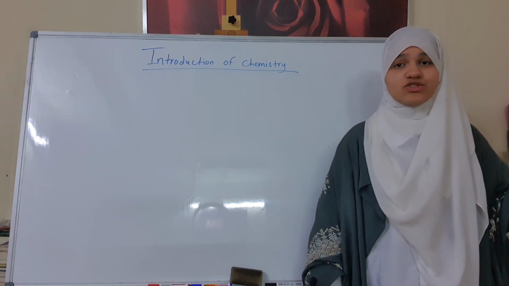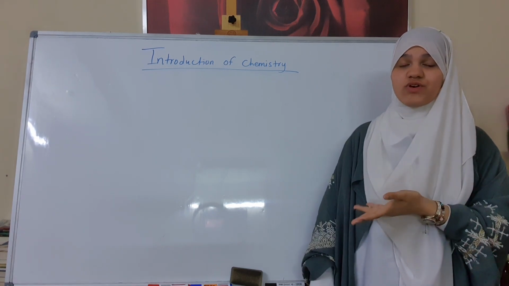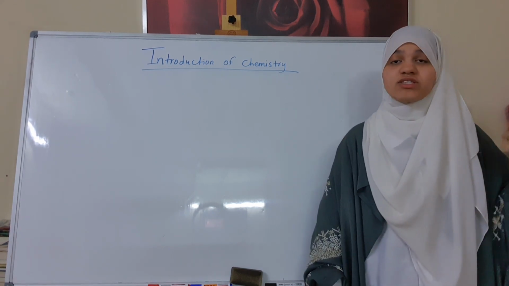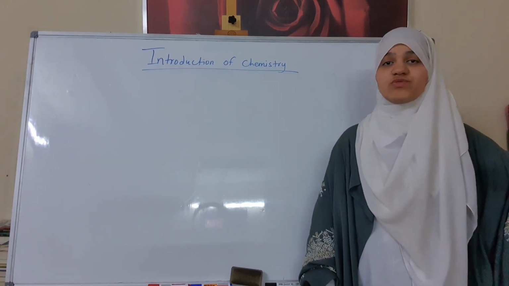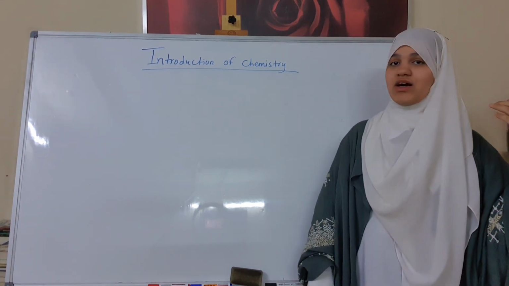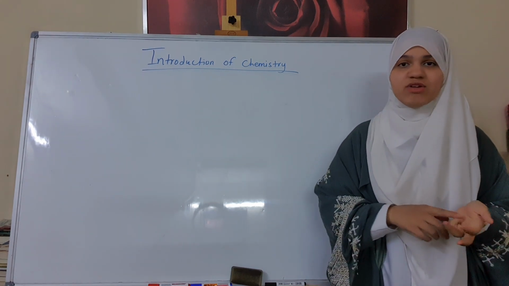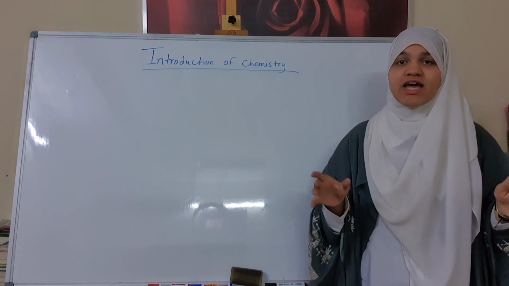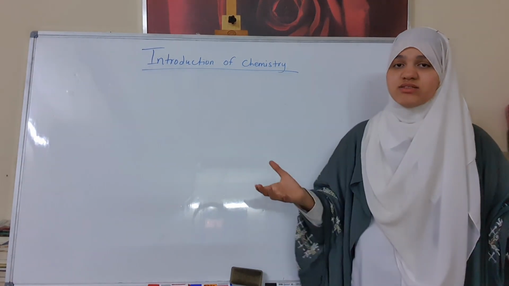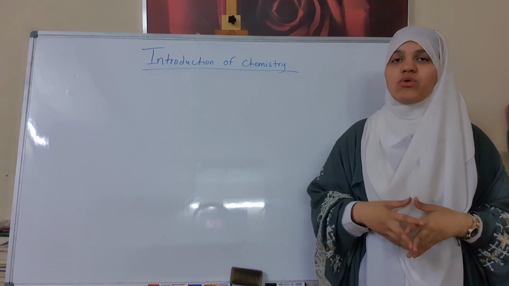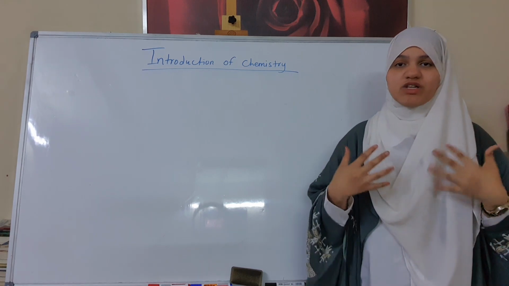For example, Aristotle was a Greek philosopher, but he used science to advise his philosophy. He used metaphysics, which is about reality, and reality includes chemistry, physics, and other sciences. So that's why chemistry is part of our life.